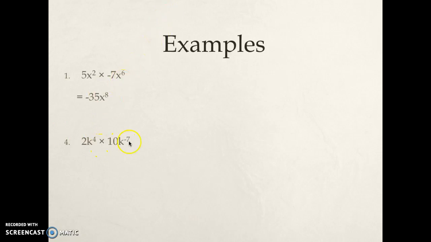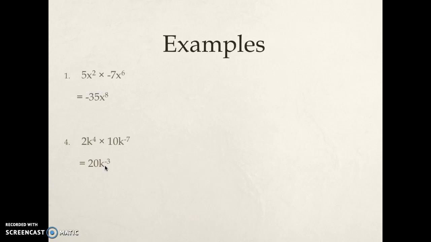Now we have 2k to the 4th power times 10k to the negative 7th power. We have that negative 7, and we don't like it, so let's see what happens when we multiply this out. 2 times 10 equals 20, and then we have k to the 4th times k to the negative 7th. When we add those exponents together, we get k to the negative 3.